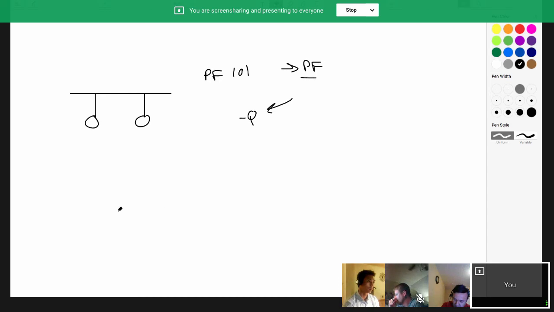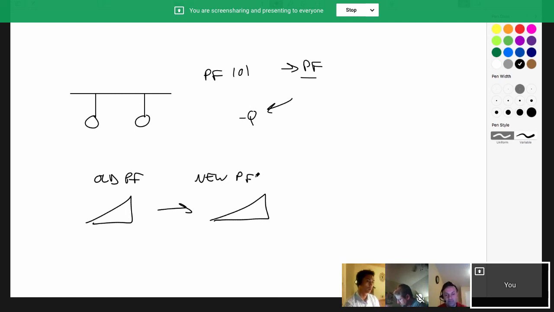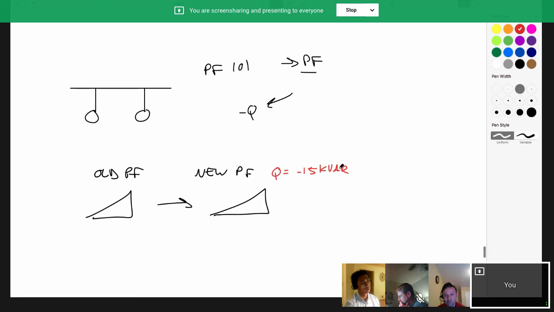Better triangle. How about this? Say to go from our old power factor to our new power factor, let's pretend like we had to decrease our Q by a total of 15 kVAR. Okay? Let's just pretend like we got all the way up to that step. And then let's say that it's a three-phase system.